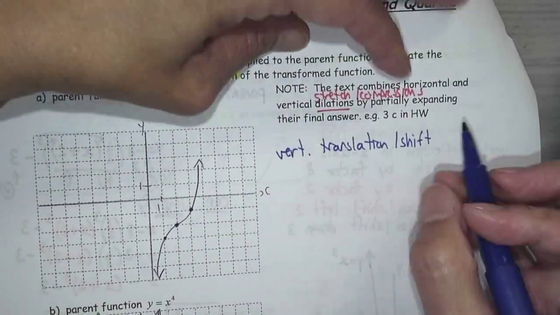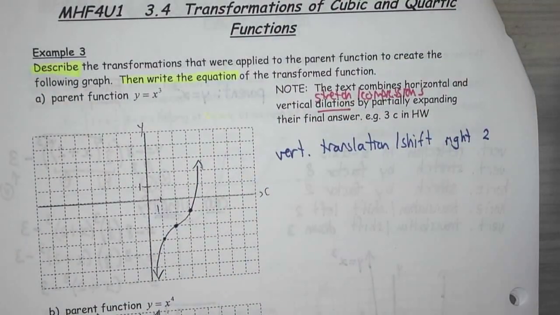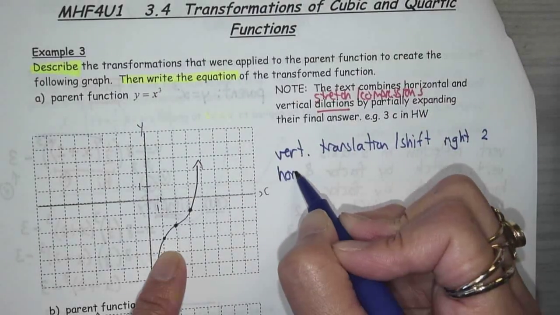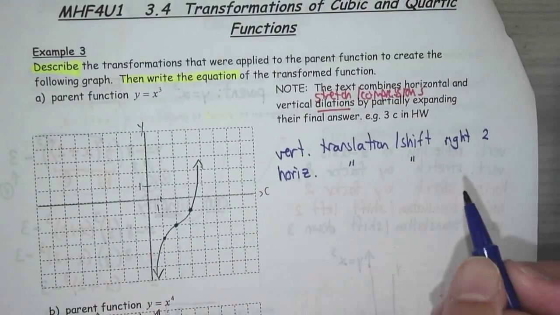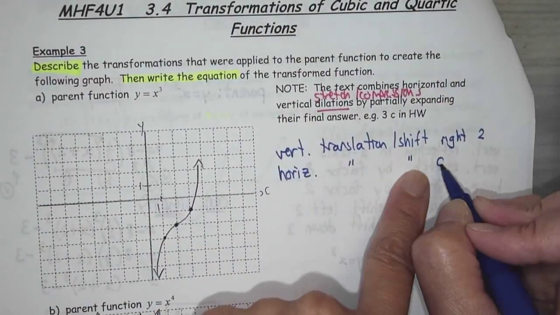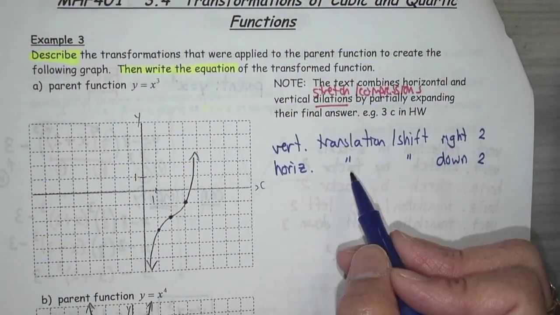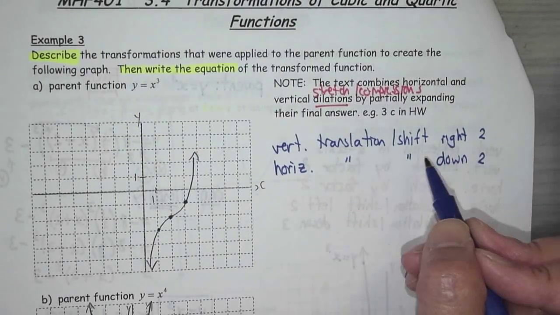And it's going to be right 2. Okay, and then a horizontal, and it's going to be translation or shift, whichever word you want to use, and it's down 2. Those little tick marks underneath mean exactly the same word as above. So that little tick tick means the word above.